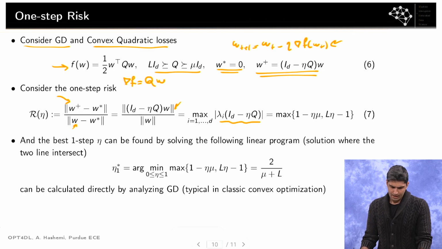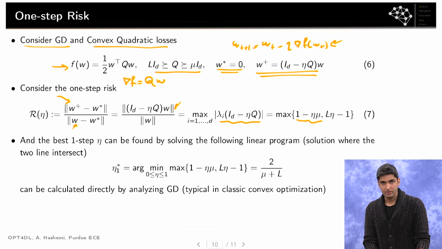Again, there are going to be two cases here, right? Either what I have inside, the identity matrix minus eta Q, is positive definite, such that the maximum eigenvalue is going to be 1 minus eta mu, or this is negative definite.